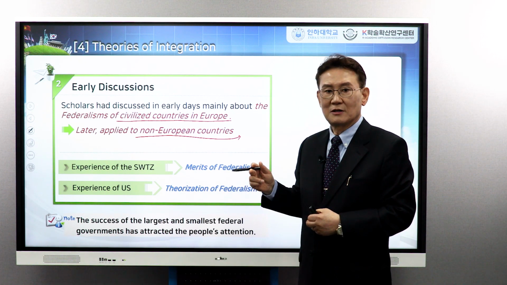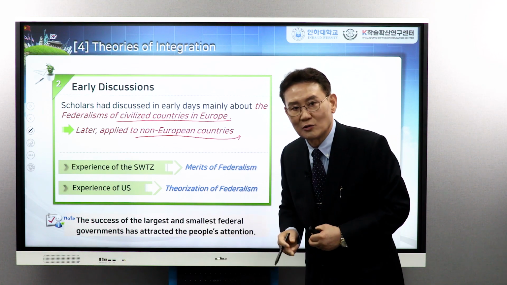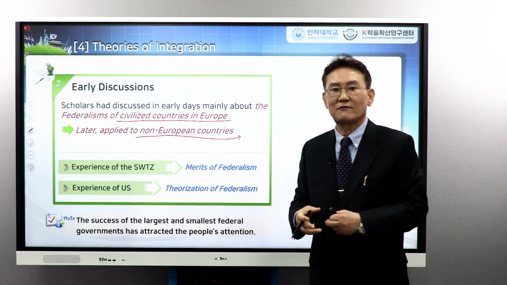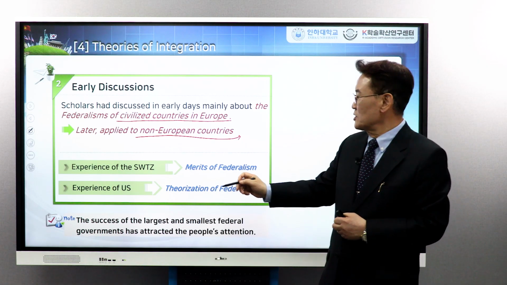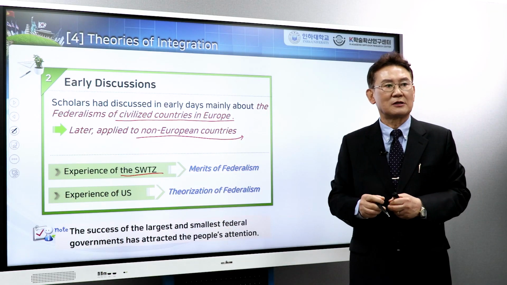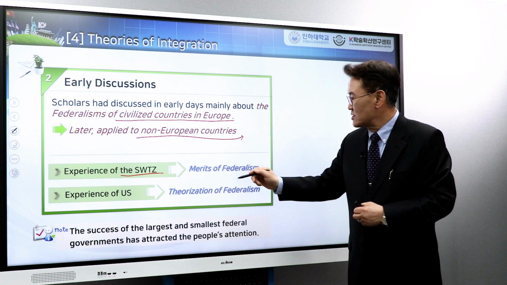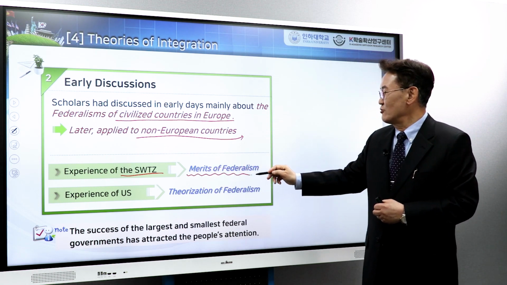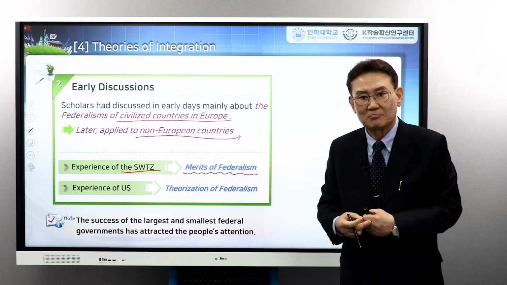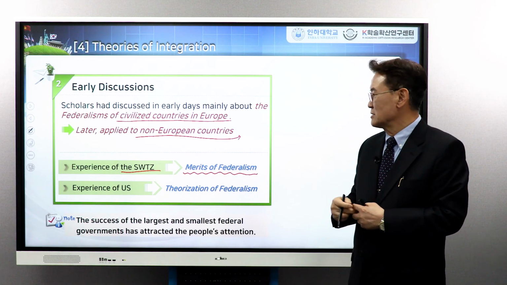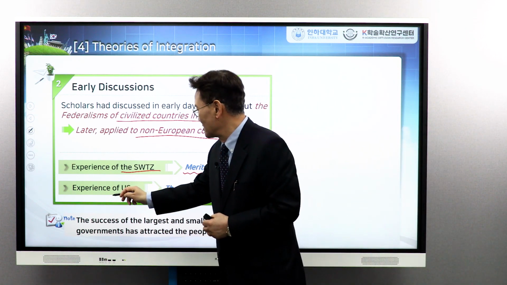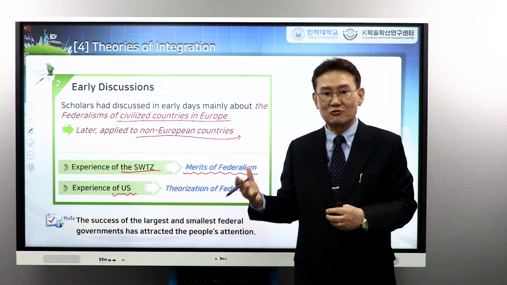First, one of the smallest countries in the world, Switzerland, has had a successful application of federalism. The experience of Switzerland explains the merits of federalism. Even a small country can have a successful federal system. The second reason is the experience of the United States, one of the largest countries.